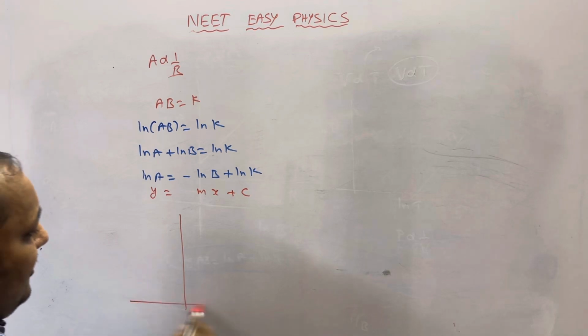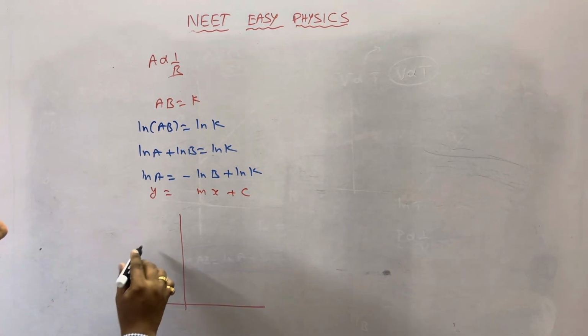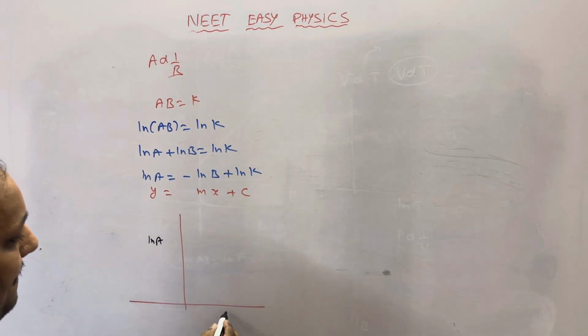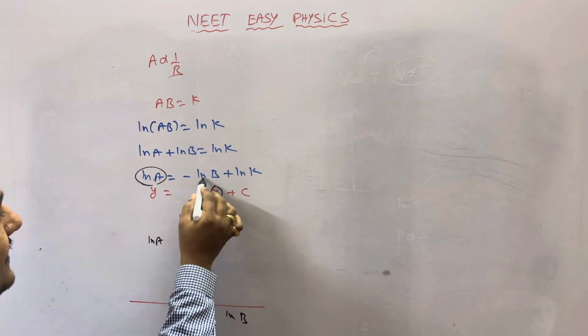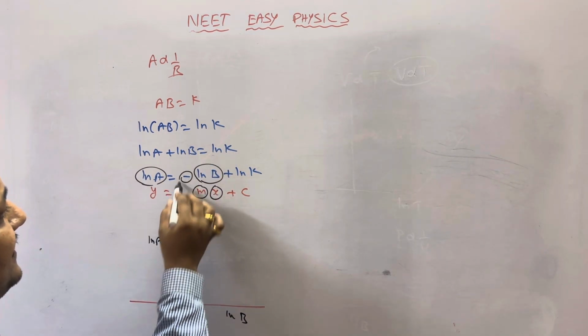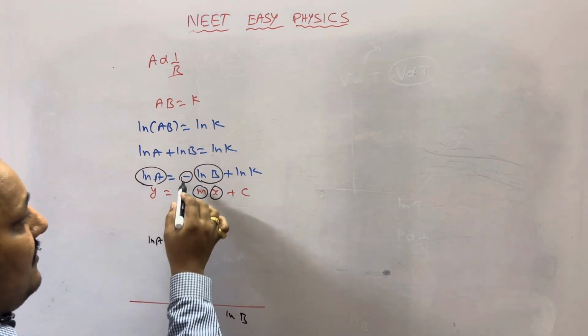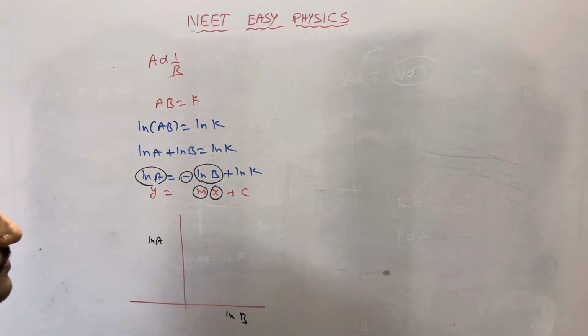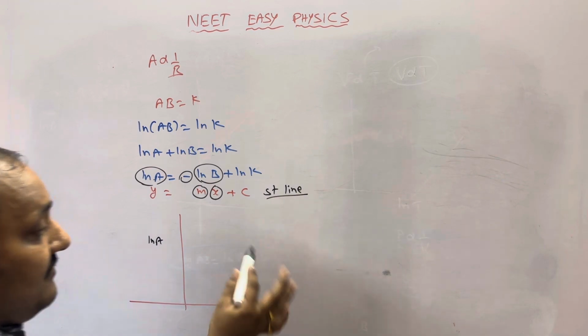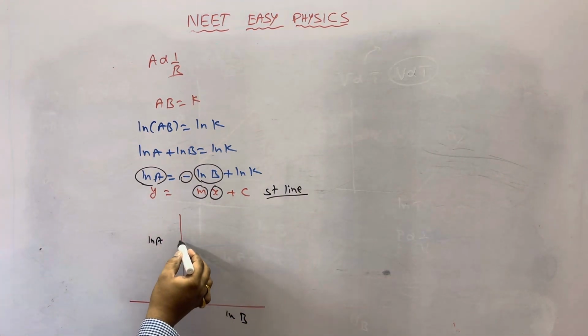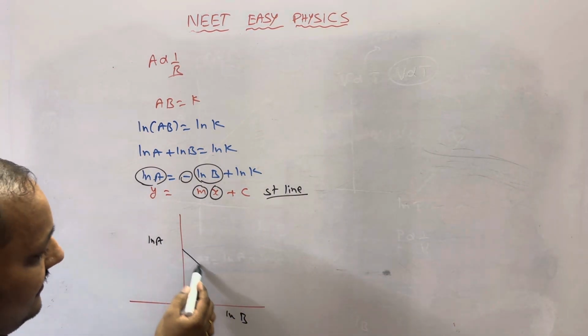So the nature of the graph between log A and log B: y-axis log A, x-axis log B. In place of m, what is there? Minus 1. Therefore, negative slope, but a straight line. So the graph will come like this.